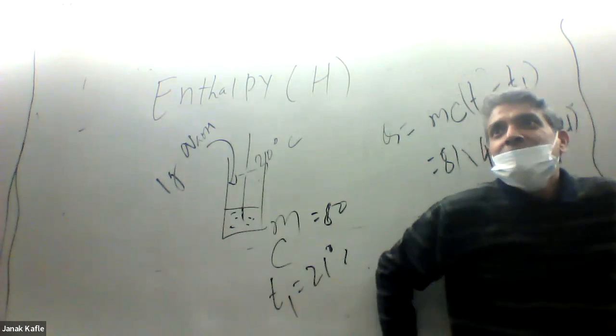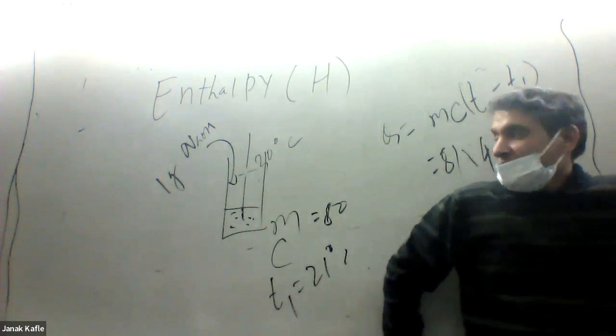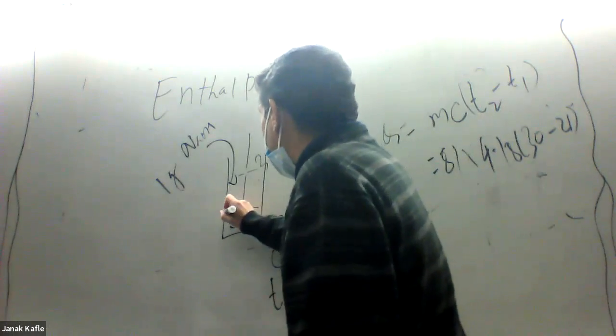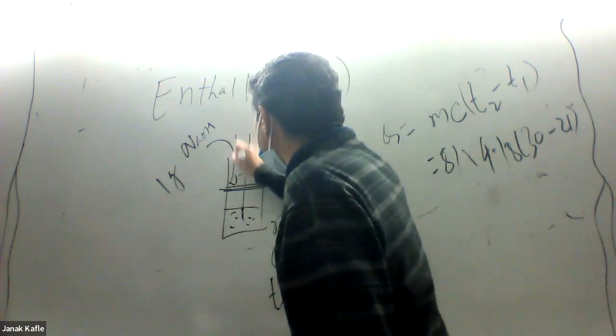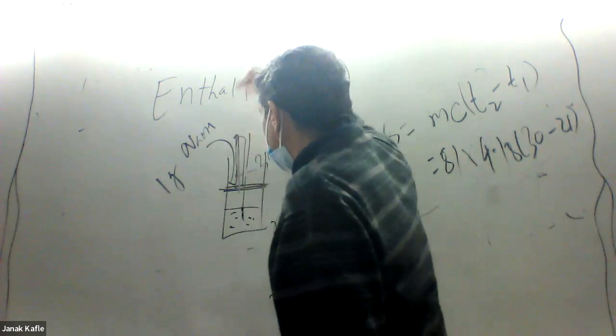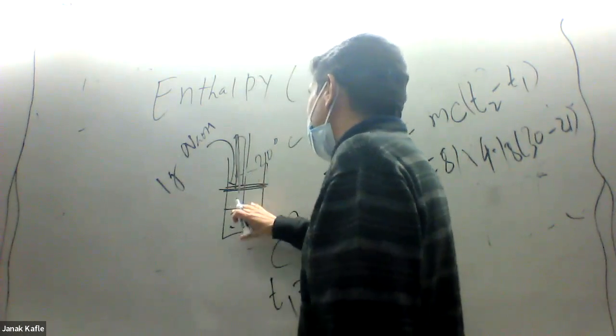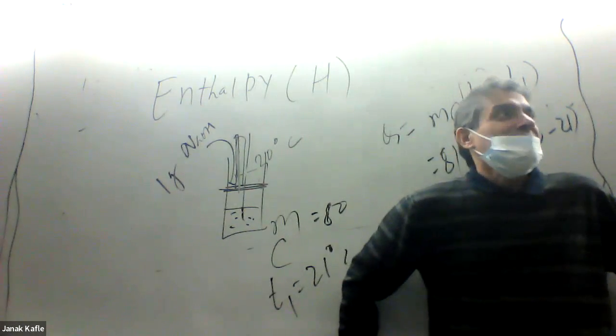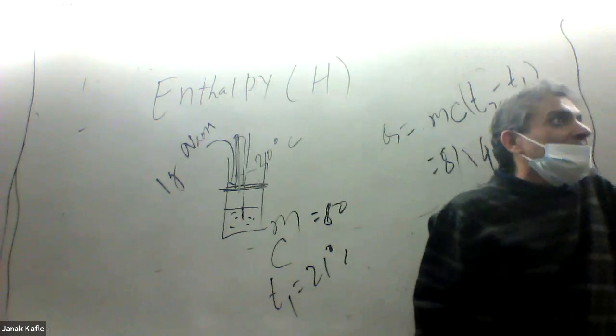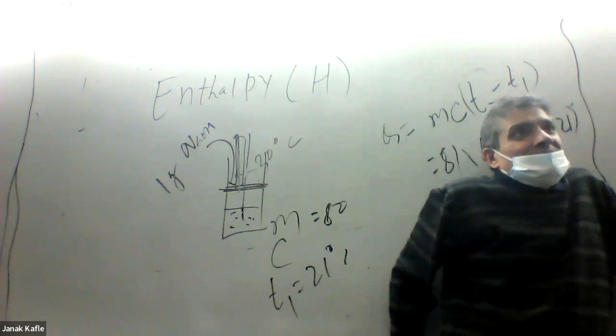That's the only difference. Make sense? If I had done this experiment under very high pressure, so let's say I put a piston here, maybe I put a very, very large pressure here by putting something on it and measure the heat. In that case, I cannot call that an enthalpy. That is Q in different conditions. Yeah. So that's the difference between Q and enthalpy.